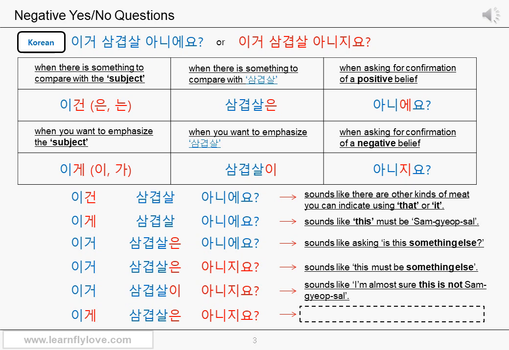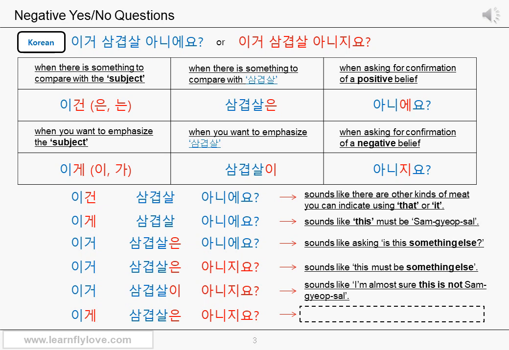이거 삼겹살은 아니지요? We used 아니지요 with the G sound this time instead of 아니에요. Of course, it sounds like asking for confirmation of a negative belief, as we learned. So, this sentence sounds like you are saying it shouldn't be 삼겹살, but something else. Remember, we added but something else part.